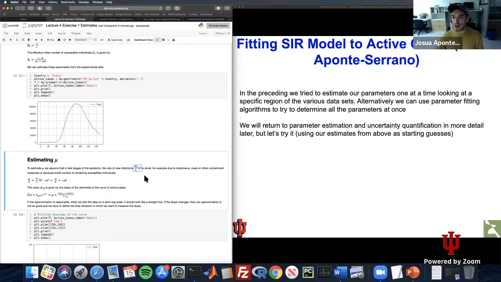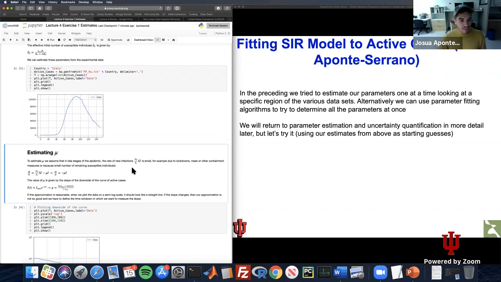N times gamma, or N. But it can also be because the ratio of susceptible individuals is small. Let's say because you're so late in the epidemic that most of your susceptible population has already been infected. So that is another case where that assumption applies.